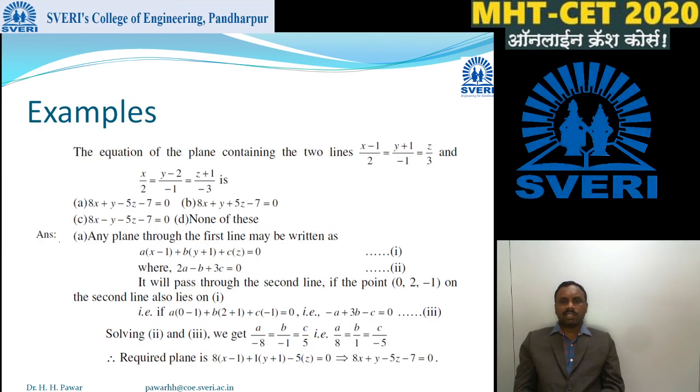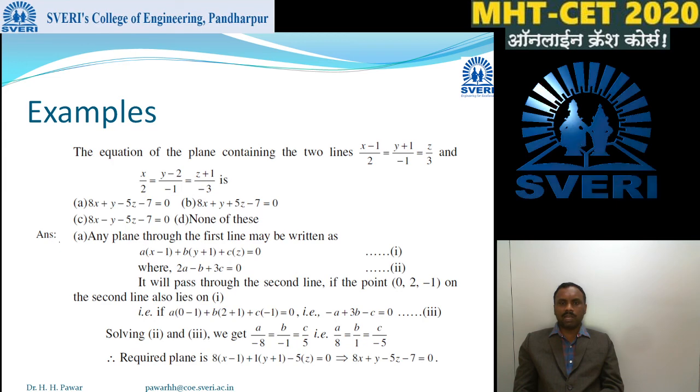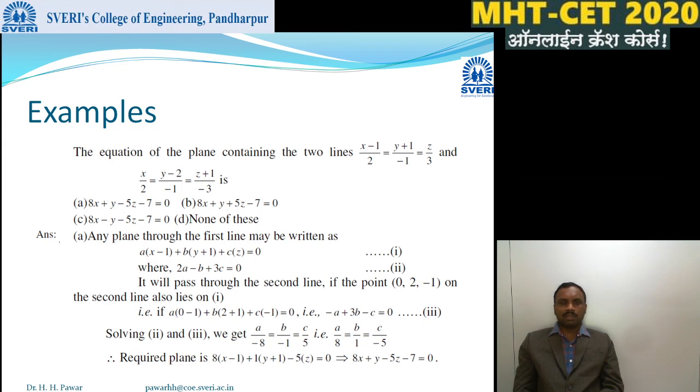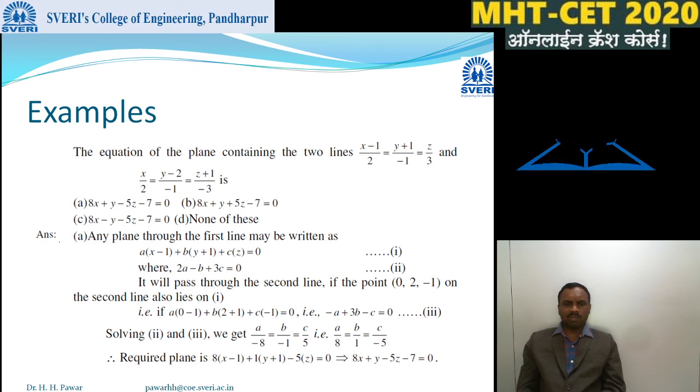Next one is the equation of the plane containing two lines, (x minus 1)/2, (y plus 1)/(minus 1), z/3, and x/2 equal to (y minus 2)/(minus 1), (z plus 1)/(minus 3) is: 8x plus y minus 5z minus 7 equal to 0, 8x plus y plus 5z minus 7 equal to 0, 8x minus y minus 5z minus 7 equal to 0, and the last one is none of these.